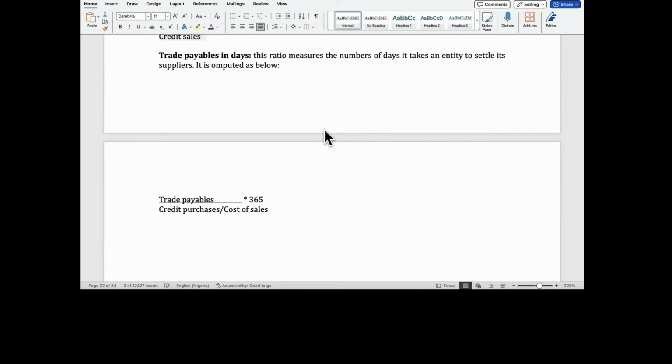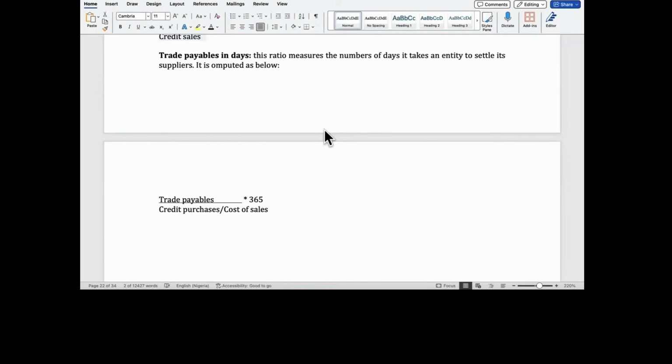The first thing you should look at is the liquidity ratio of this company, just so we can be sure that they don't have liquidity problems. If their liquidity ratio is bad, that means they have a liquidity problem.